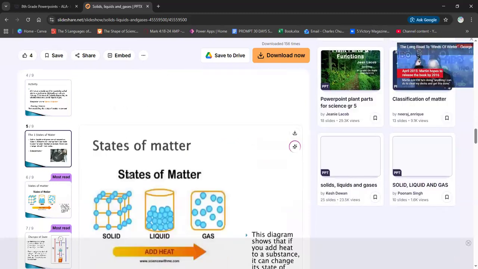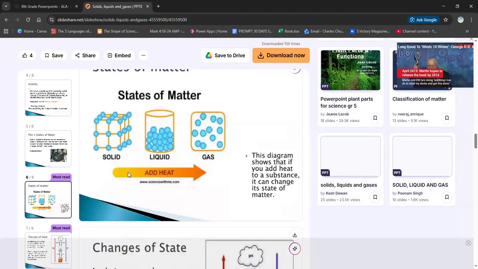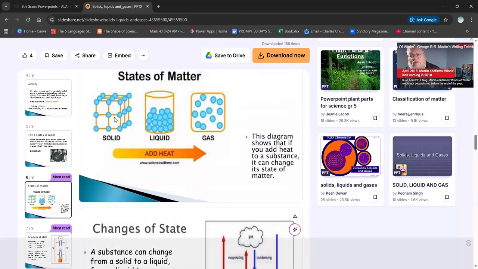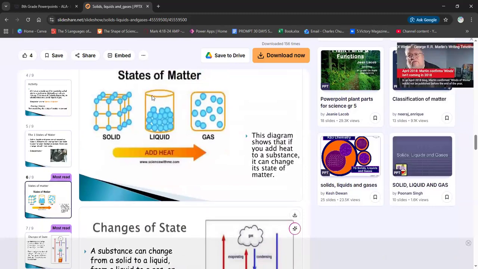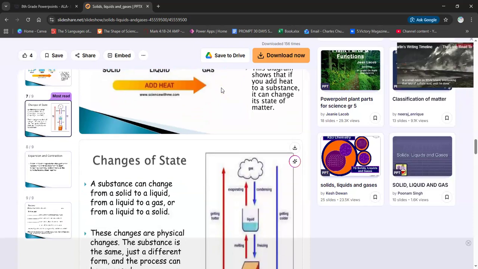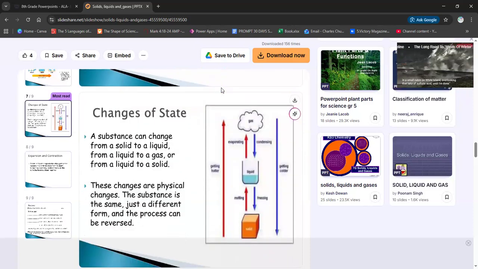So you can see what I just explained now. When you add heat, solid will change to liquid, and if you keep on adding heat, if it's water, water will boil, isn't it? And it will become vapor, right? That would mean that it became a gas. So that's basically what happens. When you add heat, solid becomes liquid, liquid becomes gas.